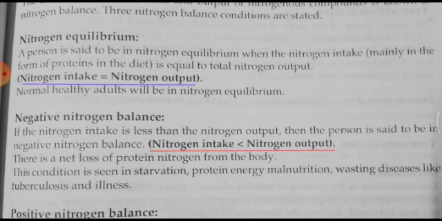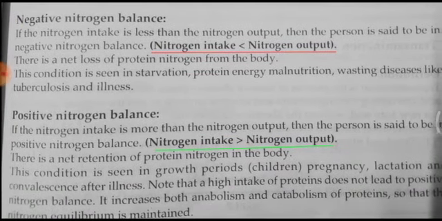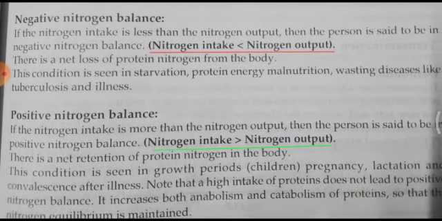Hence it leads to various types of protein malnutrition conditions or negative nitrogen balance symptoms. I underlined it in red color because red indicates danger. So negative nitrogen balance is not good for the body.